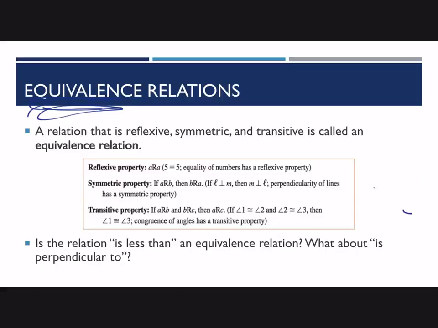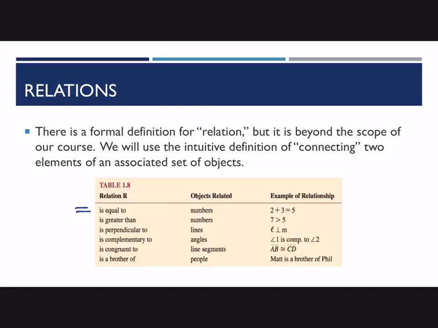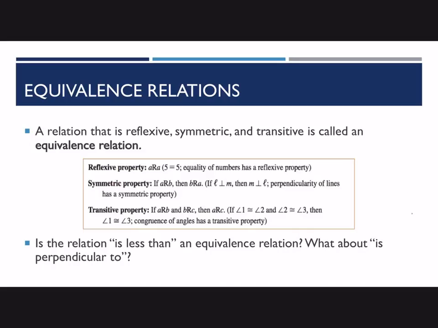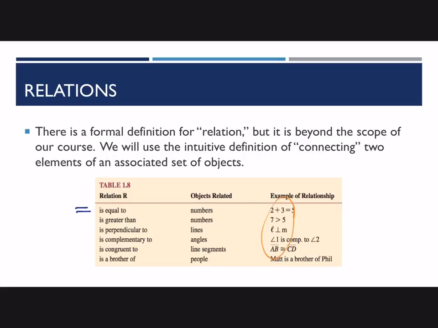All right. So we want to look at some of these relations that we just described in this table, and we want to see if they have those same properties. So let's look at is less than. So the reflexive property first. Does it have the reflexive property? And here the book is just using this capital R to stand in place of any of these relation type symbols.